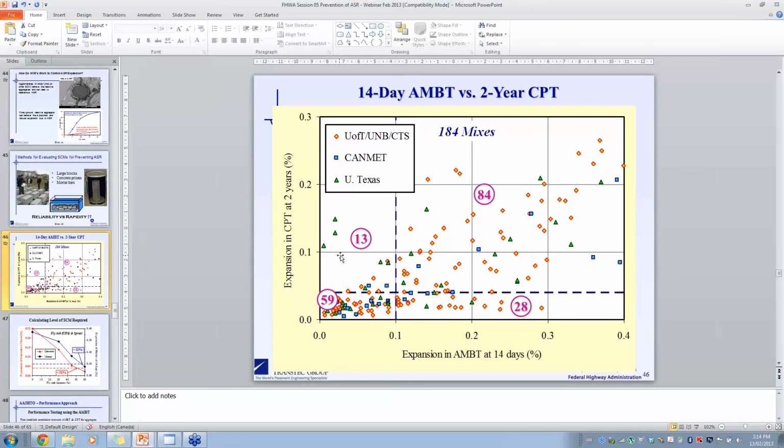But these aggregates are already passing 1260, so they would obviously pass 1567 as well. So I'm not quite sure I understand that question. I don't know if there's any other clarification, or we can maybe deal with this offline. Okay, well, let's move on to another question, and we can follow up on that after the sessions.